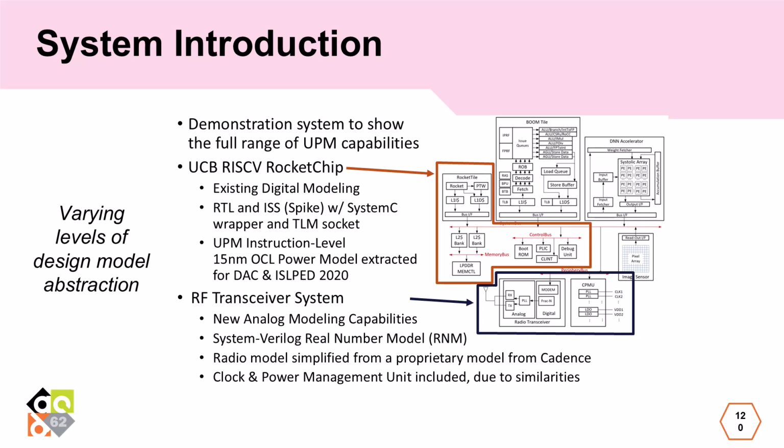And we also have functional models for clock and power management, including linear regulator models and the clock PLL that is reused from the transceiver. In addition, we used an AHB bus for which we had bit level HDL models.